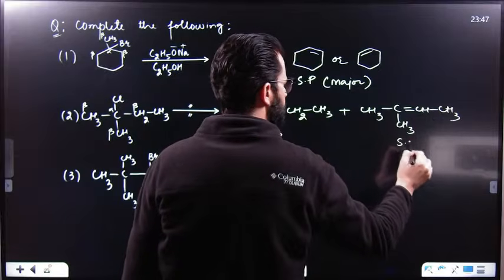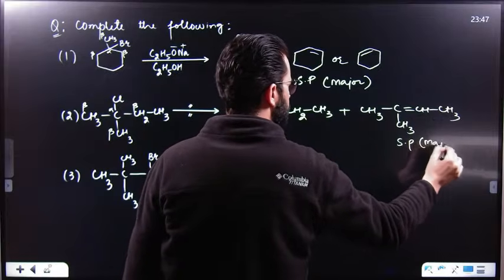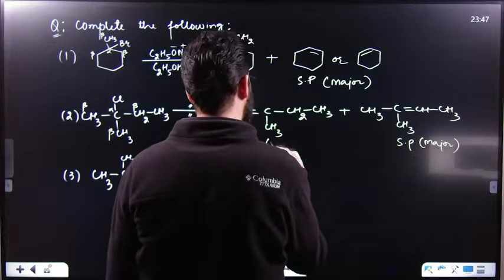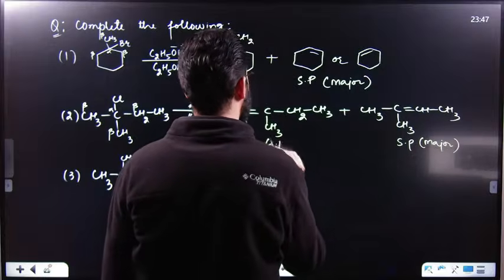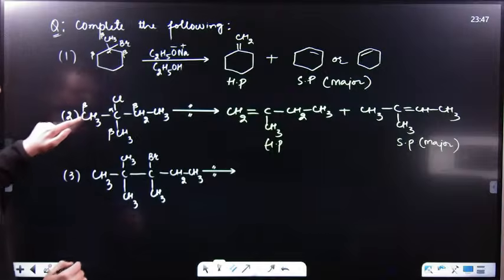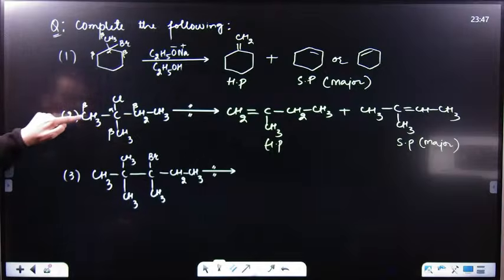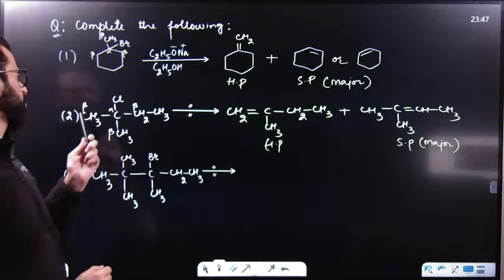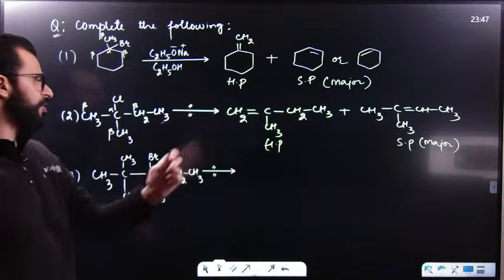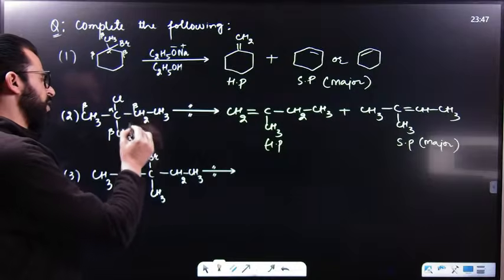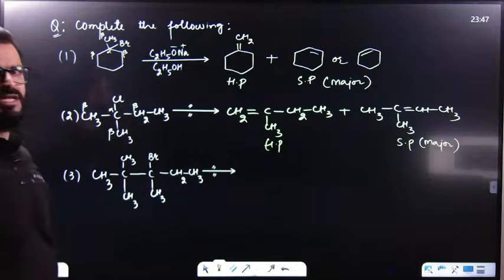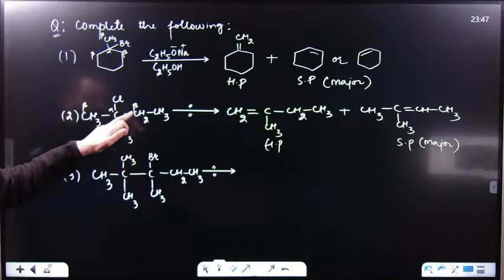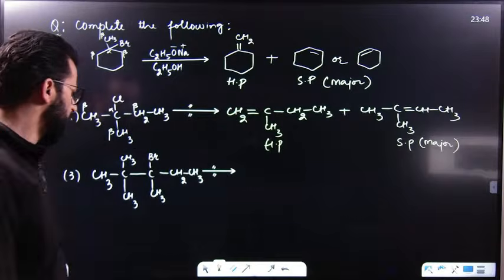So this is Saytzeff product and hence major product. You have to find out major product and this is Hoffman, the minor product. Why Hoffman? Because if we abstract hydrogen from the rich beta position, which is rich with respect to hydrogen, it will form Hoffman. And if we abstract hydrogen from that beta position which is not rich, which is poor, that will result in the formation of Saytzeff product.